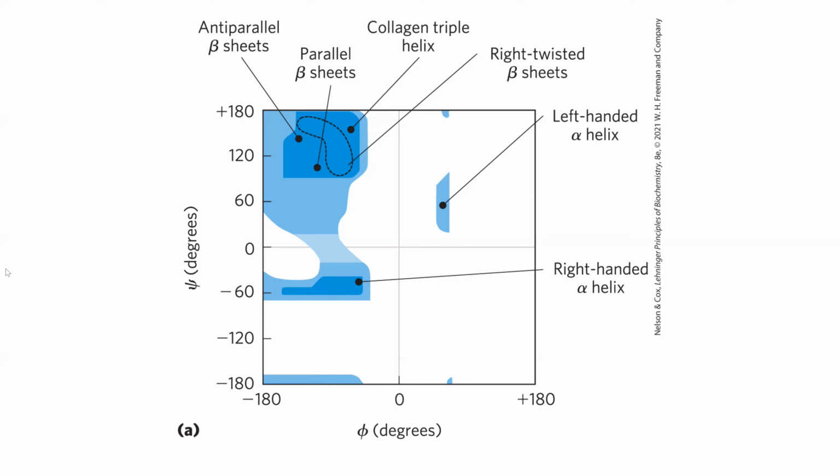And this is for the right-handed alpha helix. You can use the same method to determine the most favorable dihedral angle combinations for the other different helices, as well as the beta sheets. Now that we've had mention of some of these secondary structures, let's talk more in detail about them.